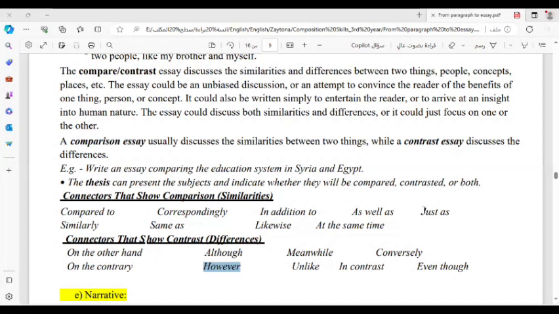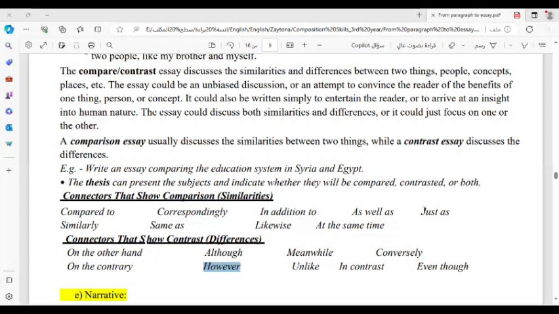It means here you have two opposite things. You want to contrast them. I will repeat the example. The salaries of male employees are higher.